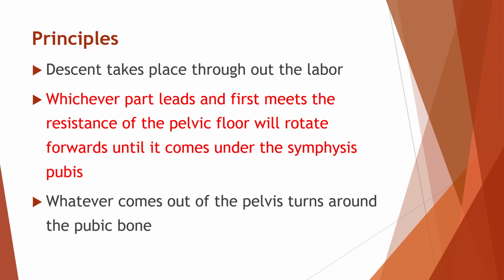This rotation continues until that part comes under the symphysis pubis. Finally, whatever part of the baby comes out of the pelvis will move around or pivot under the pubic bone. These principles help the baby adjust its position so that it can pass through the birth canal more easily.